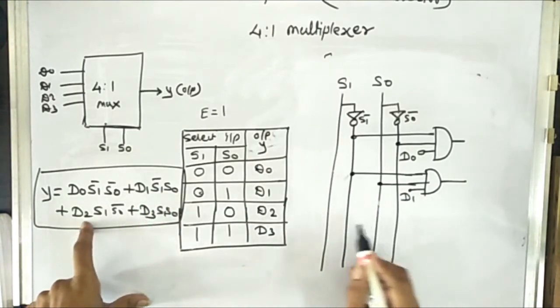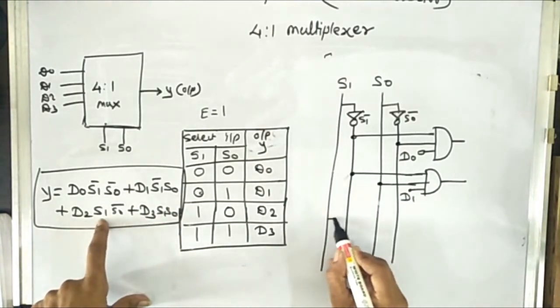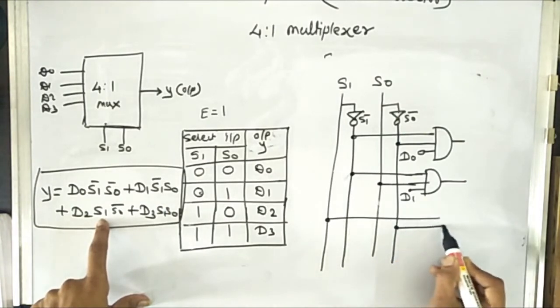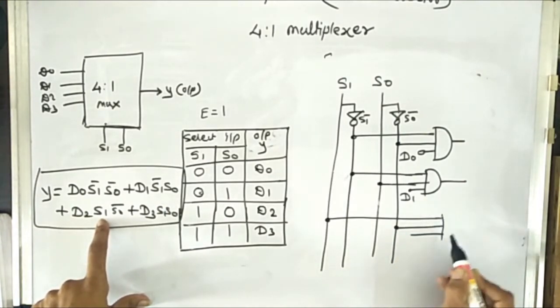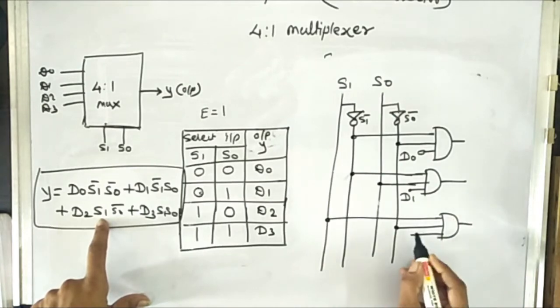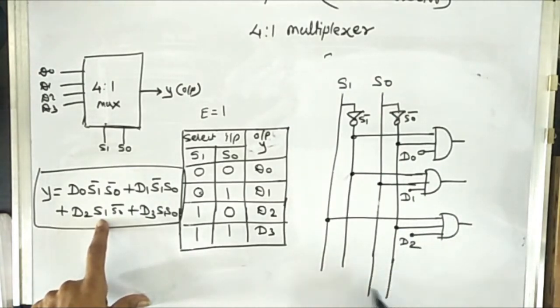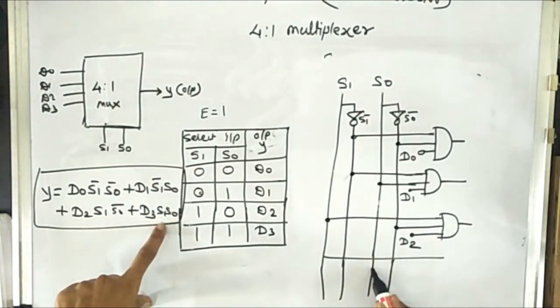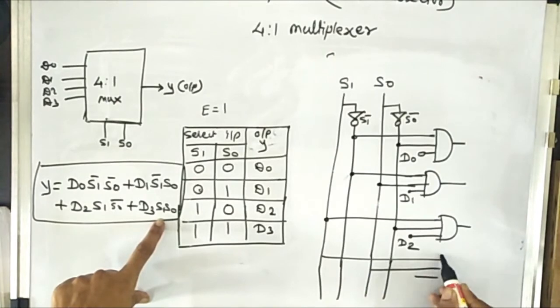Now the third term is S1 S0 bar. So it is S1 and it is S0 bar, and this is the third input, that is D2. Similarly for D3, here S1 and S0, and the third input to this AND gate is D3.